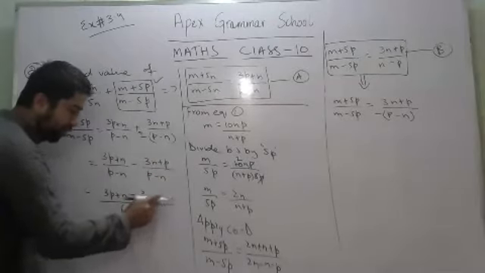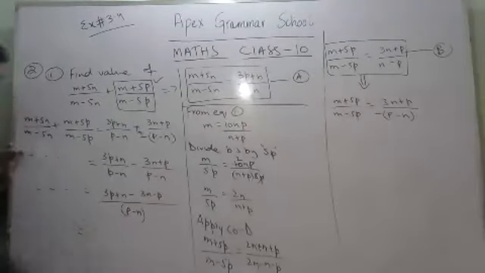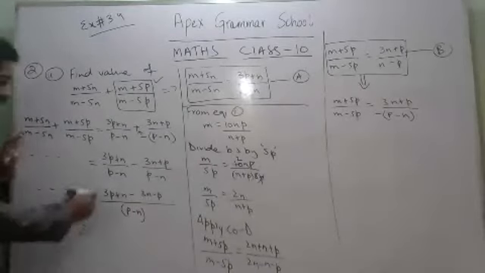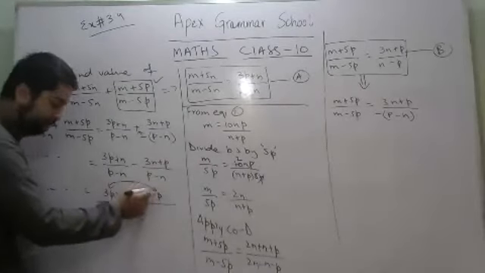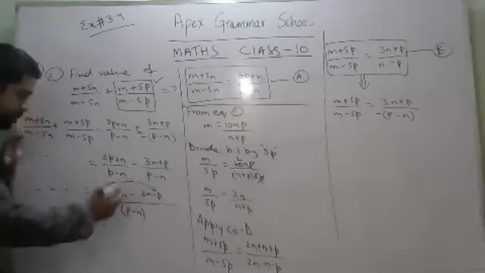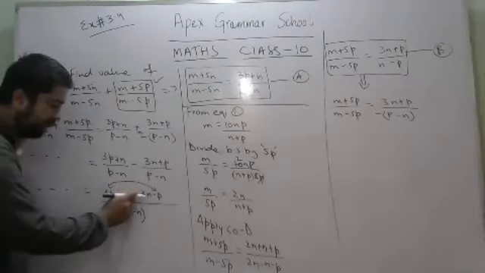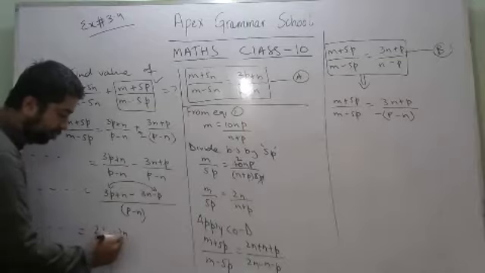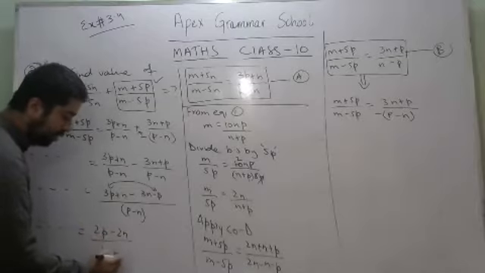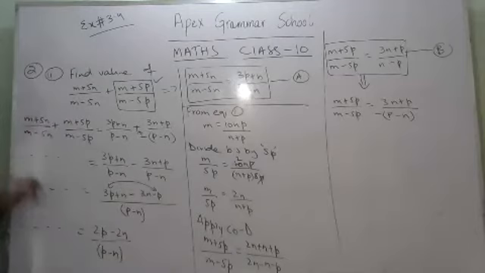We need to do all the steps, but I have some space problem. 3p minus p makes 2p, n minus 3n makes minus 2n divided by p minus n. Finally, 2 can be common here.